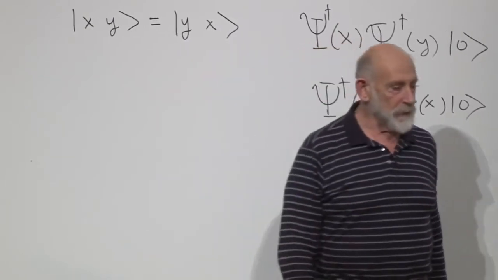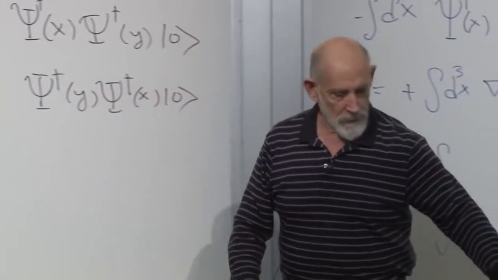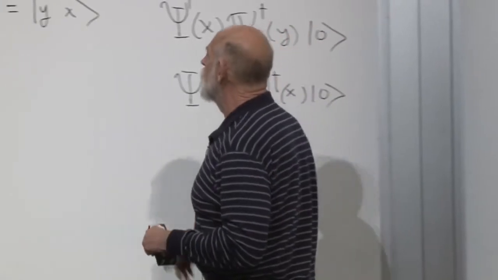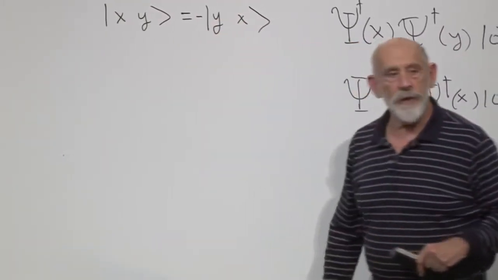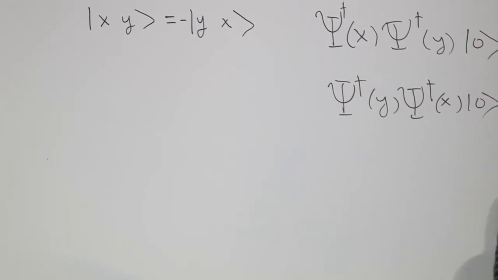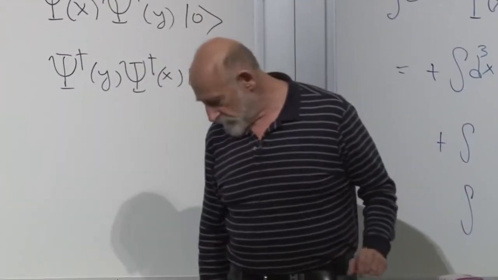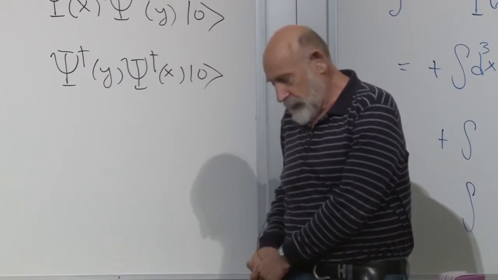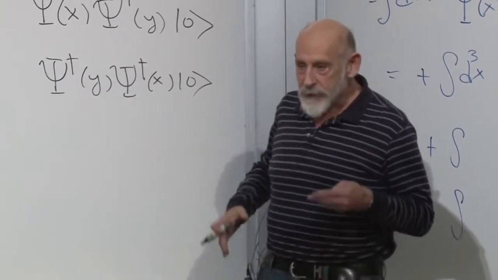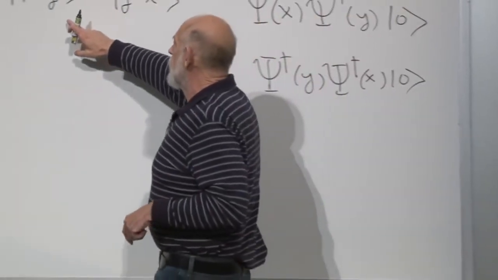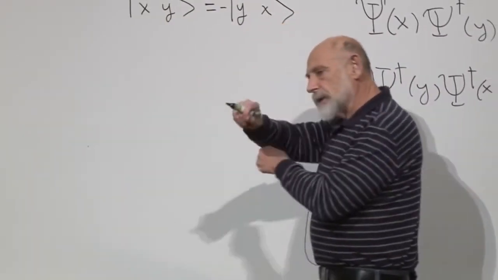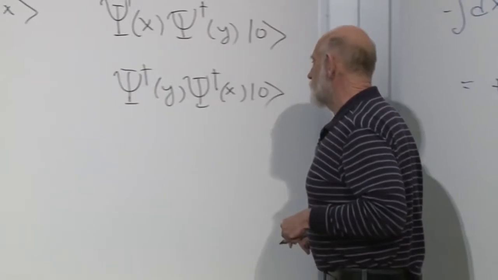Now, for fermions, the rule is exactly the same, but with a minus sign. Remember that the real physical observable state vector of a system doesn't care about the sign here, but in keeping track of the formulas, it's important to know that for fermions, if you interchange the two particles, you get a minus sign.